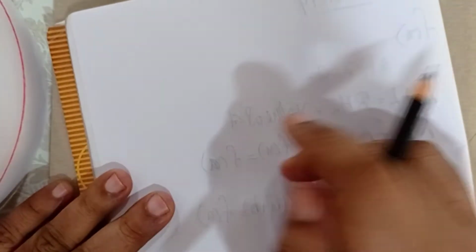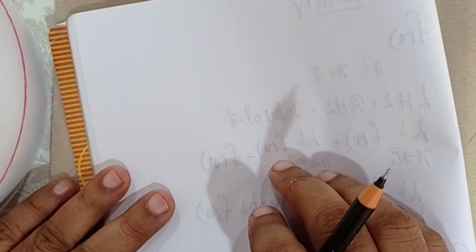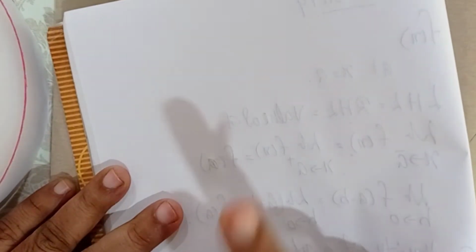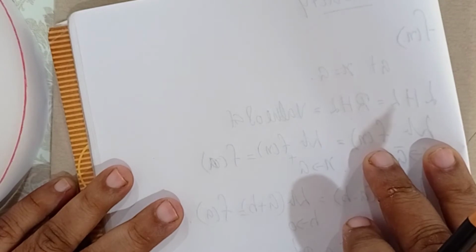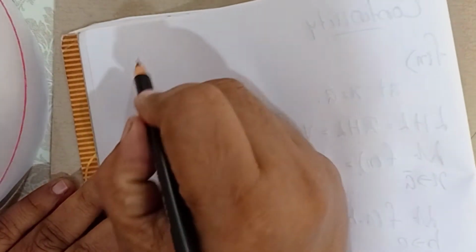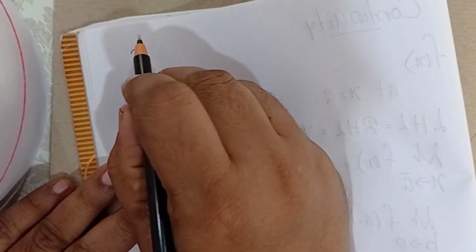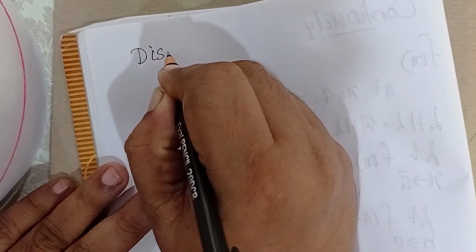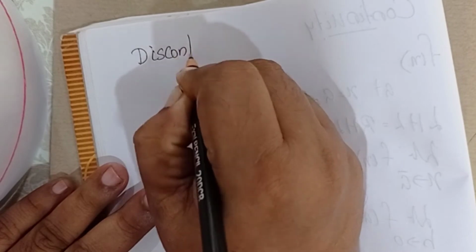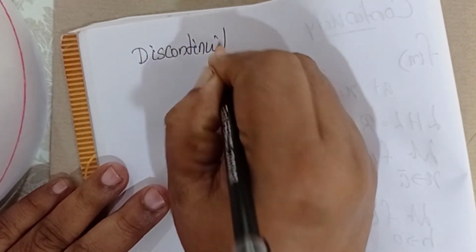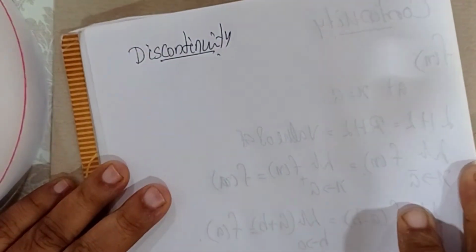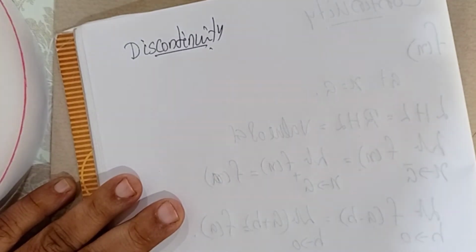That means three cases are there. Write one by one. The simple definition is that f(x) is not continuous at x equal to a, then it is known as discontinuous.